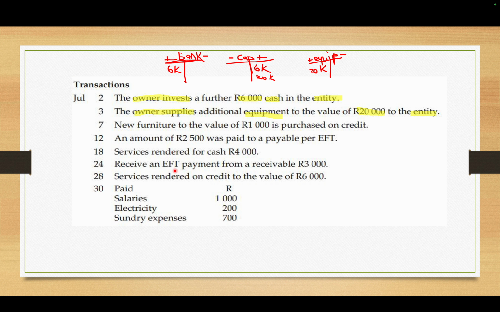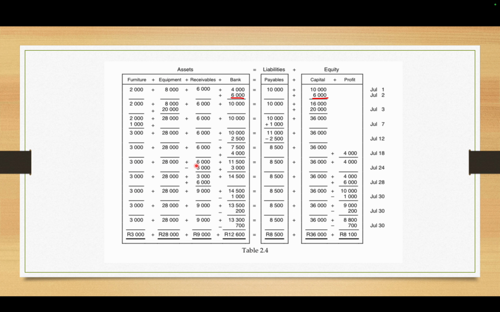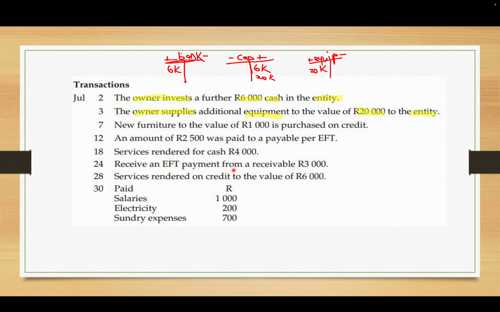So it increased our bank by 3,000, and then now it's gonna decrease our receivables by 3,000 because we received a payment from our receivables.